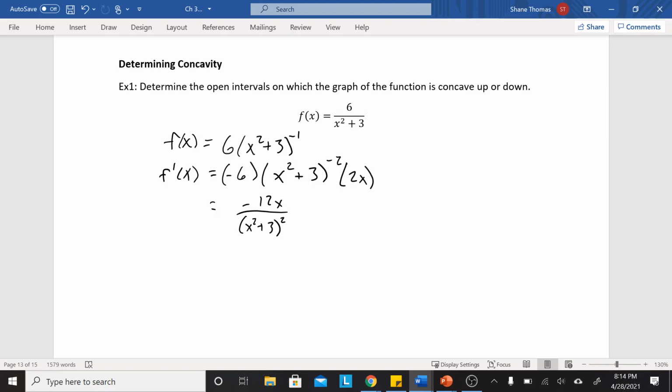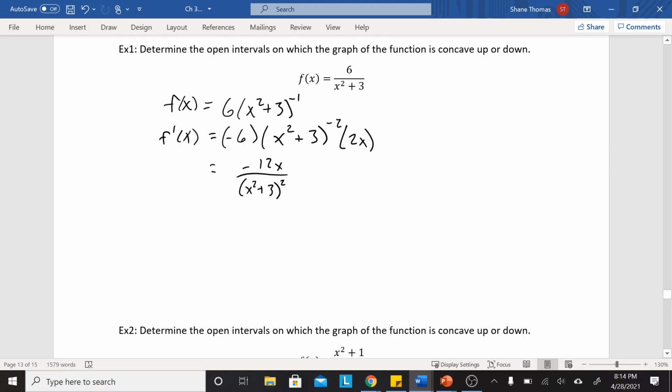Now, I can do something similar for this one, but because I have an x on top, now I have to do the quotient rule. So let's find f double prime. f double prime of x: we have low d high minus high d low over the square of what's below.